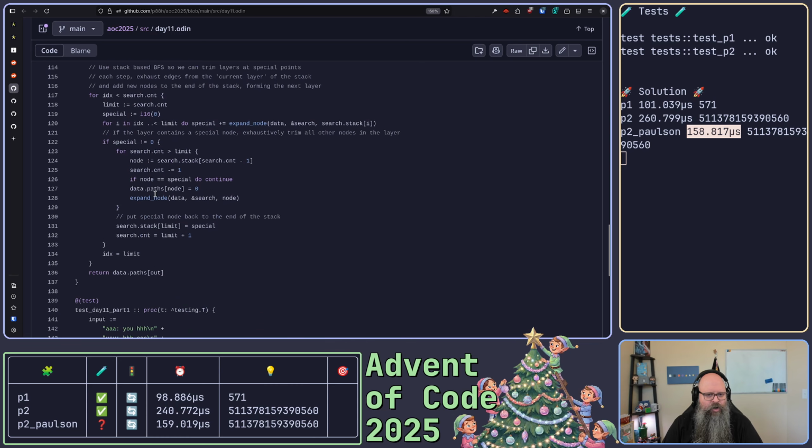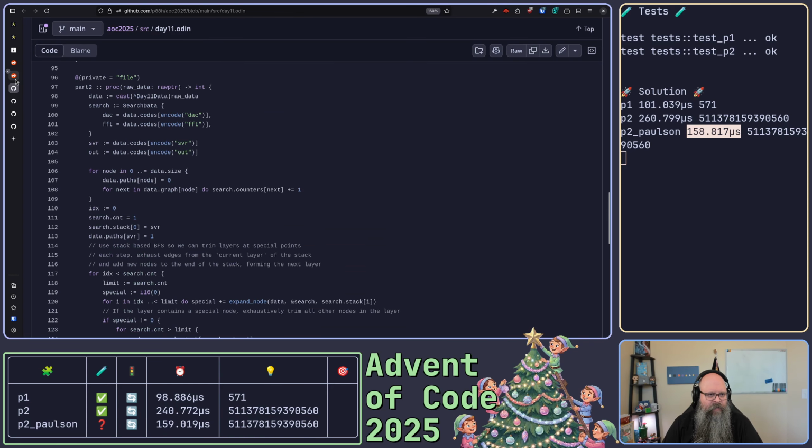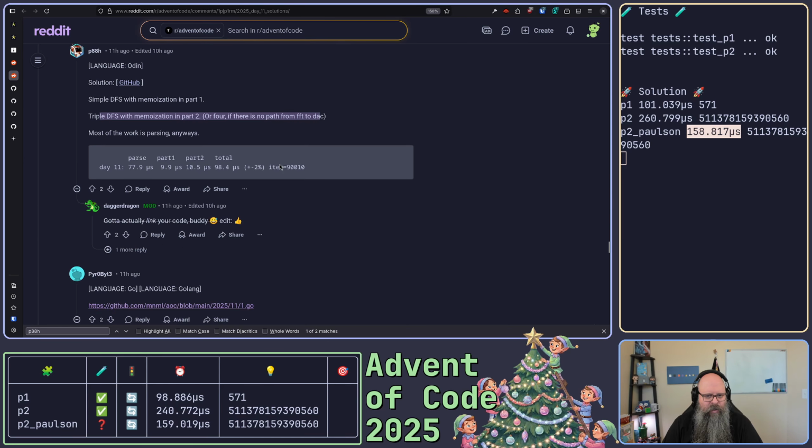Yeah, so it's trying each of the paths, it looks like, and figuring out which one is the right one.